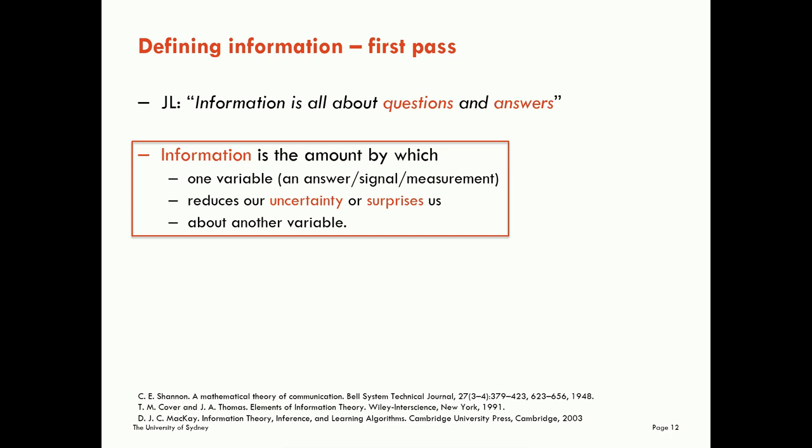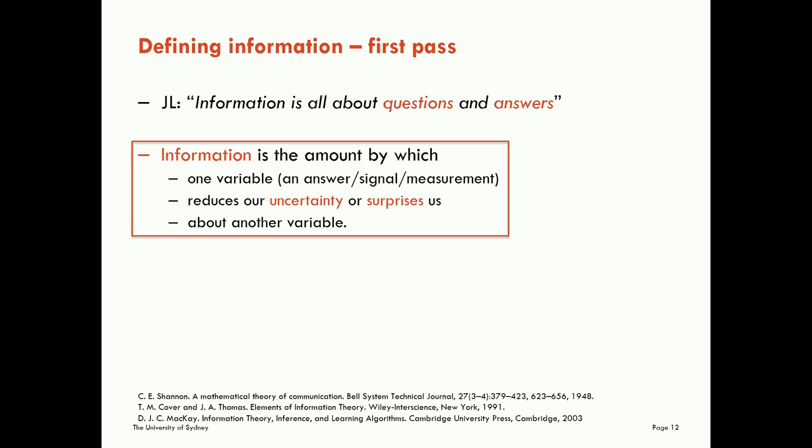Okay, so there are some key words here I want to pick up on. Here we're talking about how one variable reduces our uncertainty about another. So we've got two variables here, and that effectively becomes our question and answer.